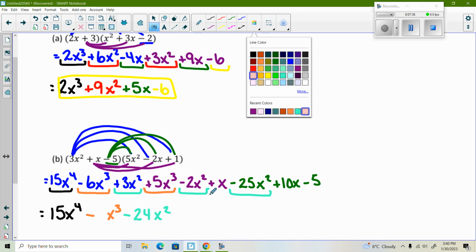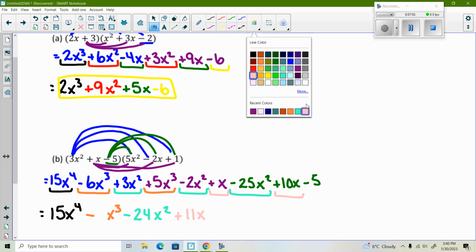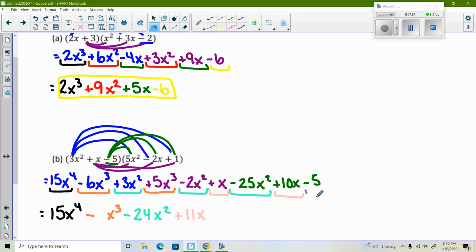Now I need to look at my x's. I have a 1x and a 10x. So that together, if I add those up, I would have 11x, because that's like a 1 plus 10 is 11. And then I have a minus 5 at the end, so that would just be minus 5. And that's it.